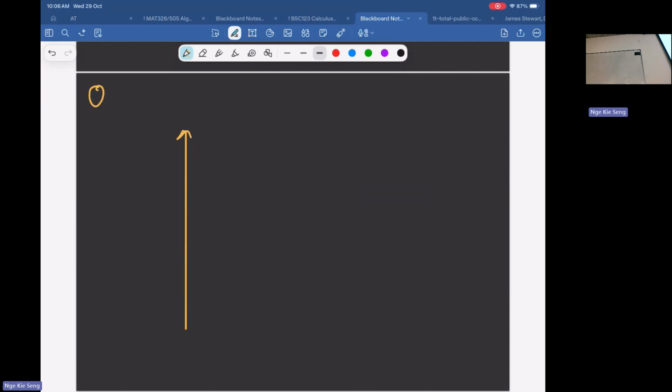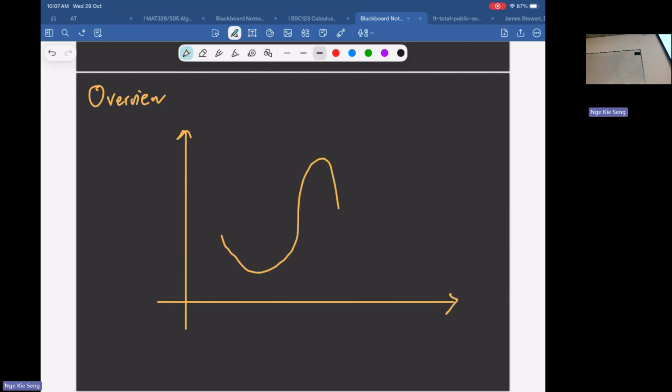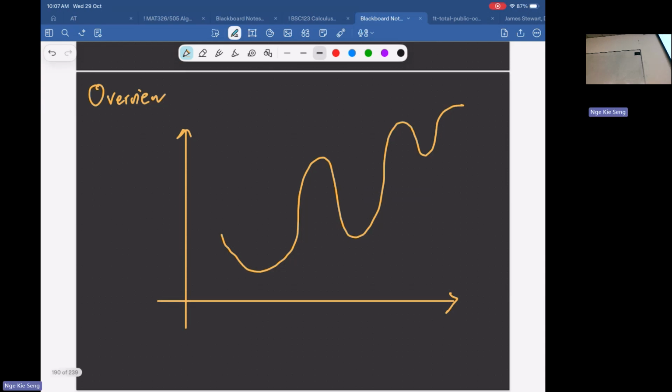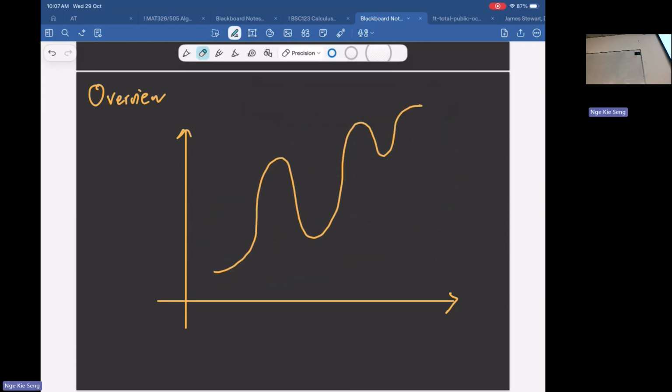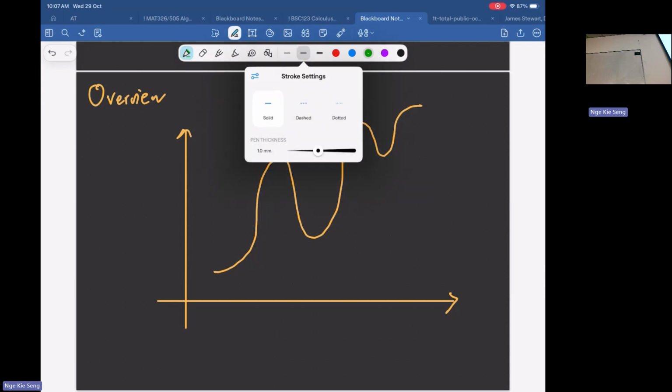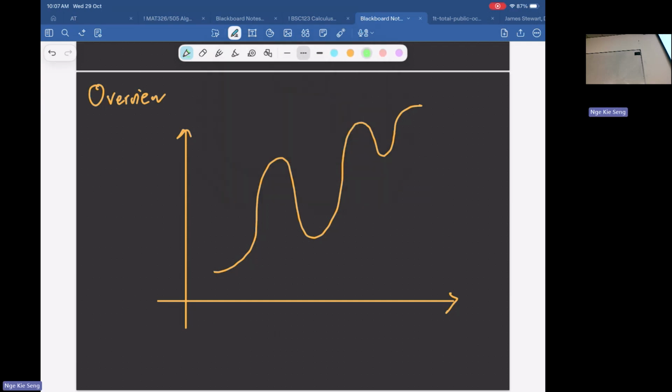Let me quickly give you an overview of this chapter, so that you know what to expect later. Let's look at this graph here, this function.